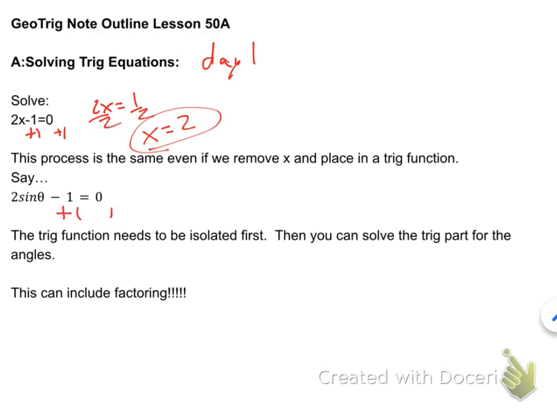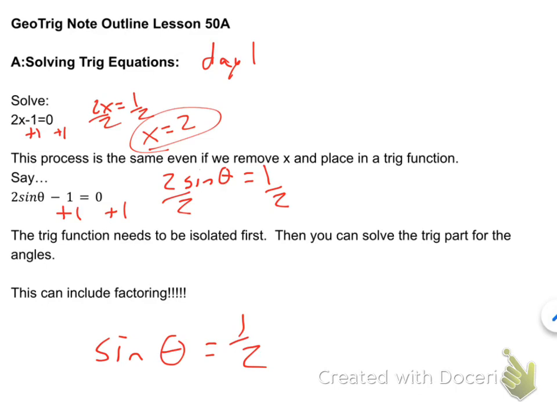Understand that we would add 1 to both sides, and so you're like, hey, that's 2 sine theta equals 1. Divide both sides by 2. So therefore, I get sine of theta equals 1/2. And so this is where you start to say, hey, on my unit circle, I've seen 1/2 before.